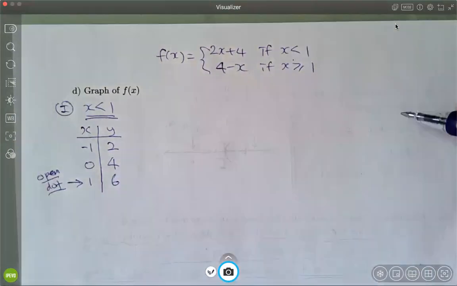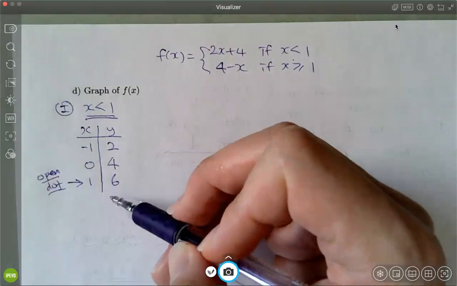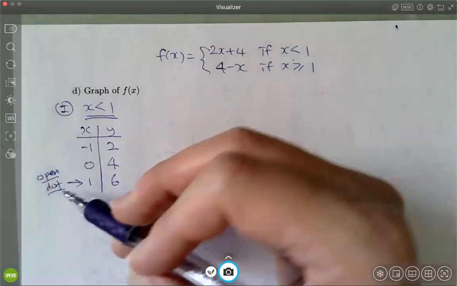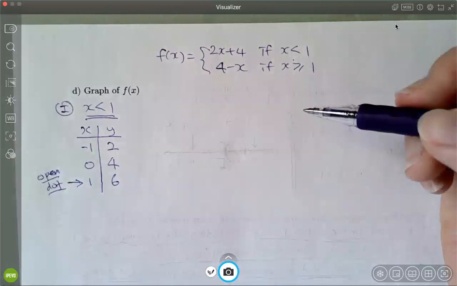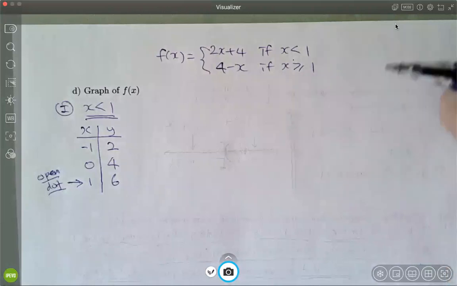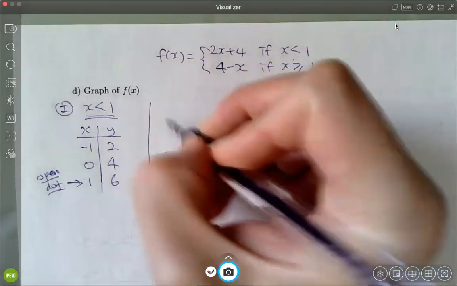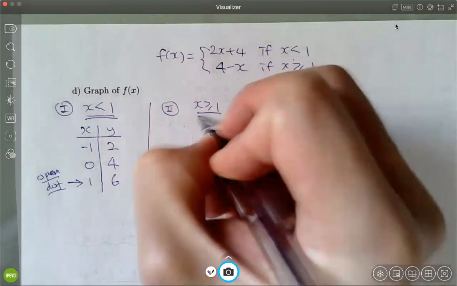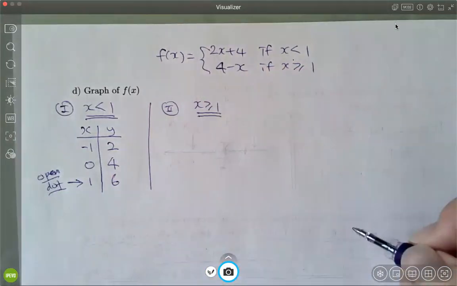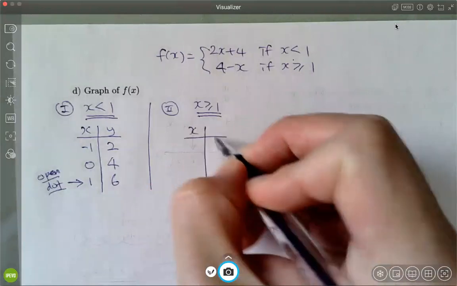That would be the case, but of course, that's not part of the first piece. But that's okay, because what does an open dot represent? That's not actually the point, right? That's a missing point, but still we have to put an open dot there. And now, the second piece, x is greater than or equal to 1. Okay, so now here, what can we choose as the x values?